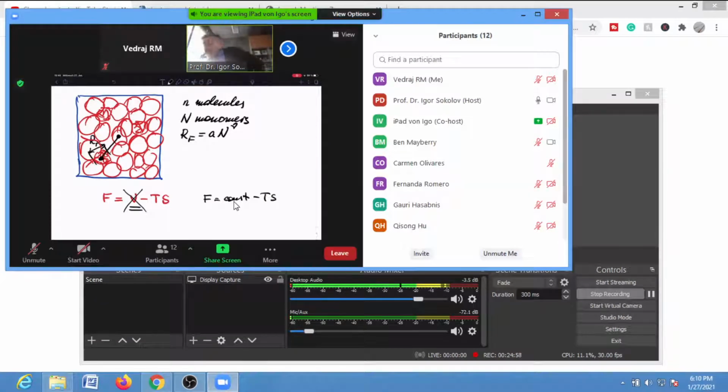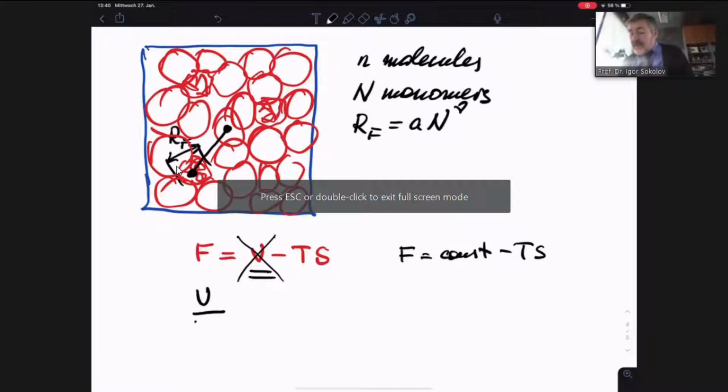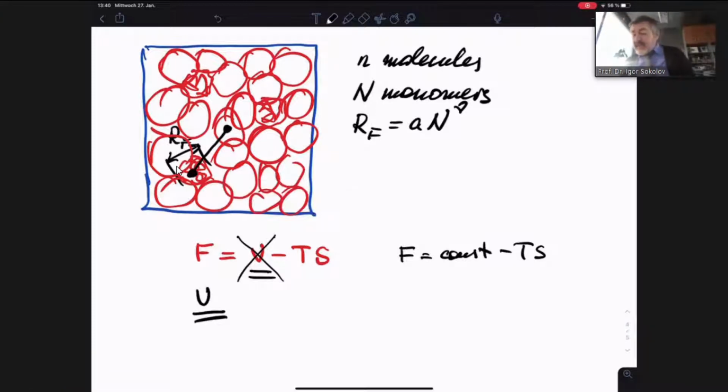But now you have real interactions, and U depends on the placements of your molecules on the lattice.